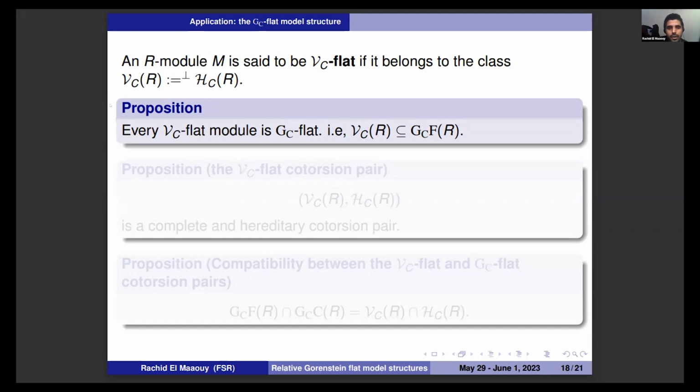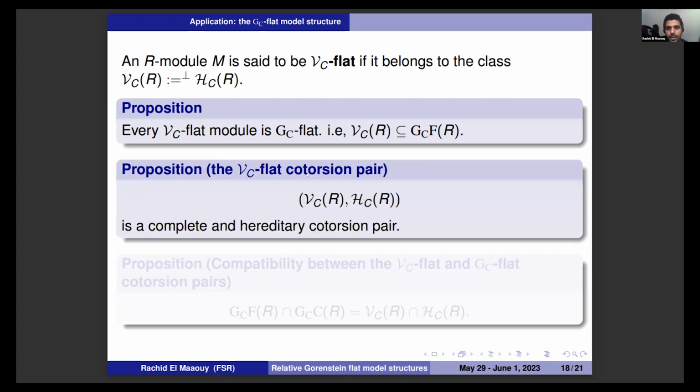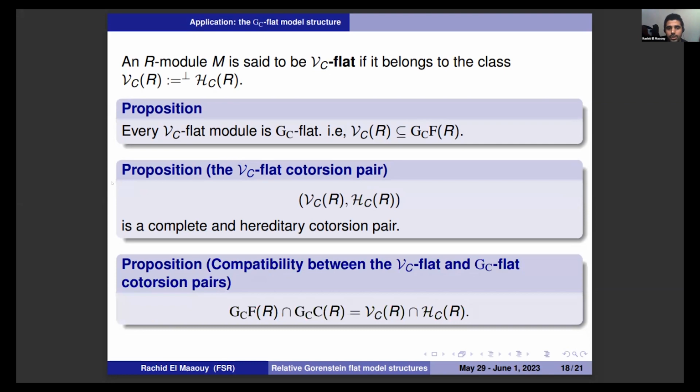The first property we have is that every relative flat module is GC flat. The second property is that this class of relative flat is the left-hand side of a complete and hereditary cotorsion pair. The last property that we need in order to apply the GSP theorem is the compatibility between the GC flat cotorsion pair and the relative flat cotorsion pair.